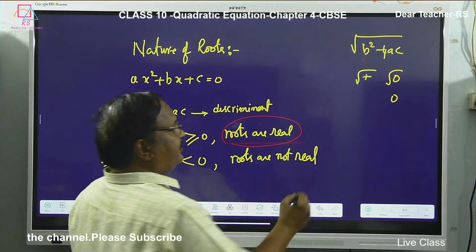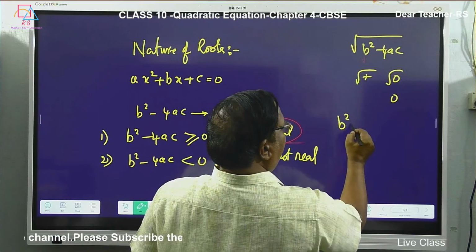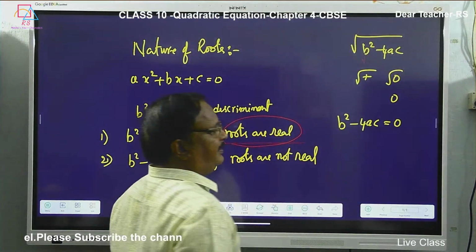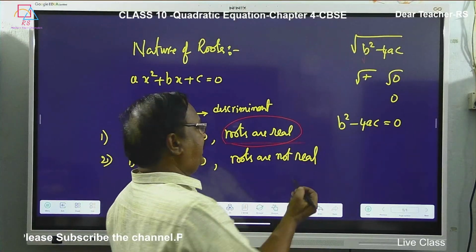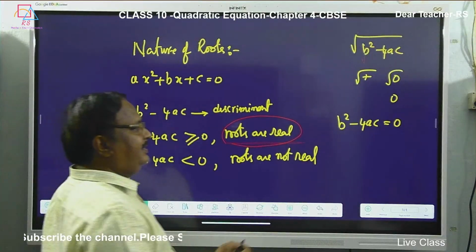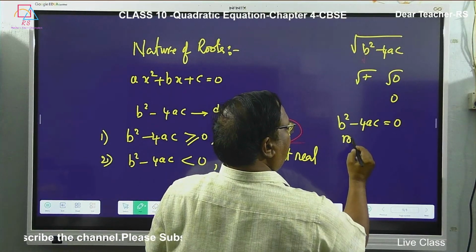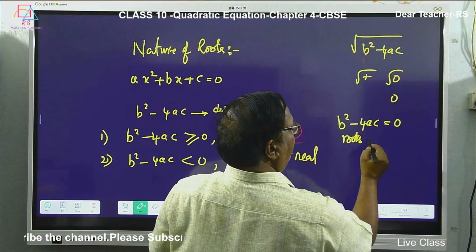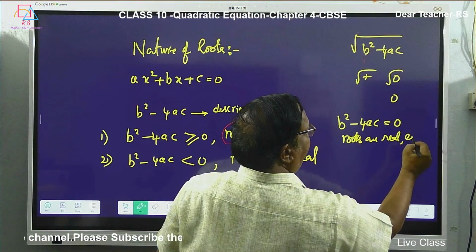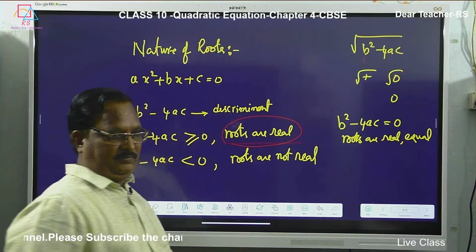Now if b square minus 4ac is equal to 0, this is another condition, a sub condition. That means that will come under this first one. Then the roots are real and equal.